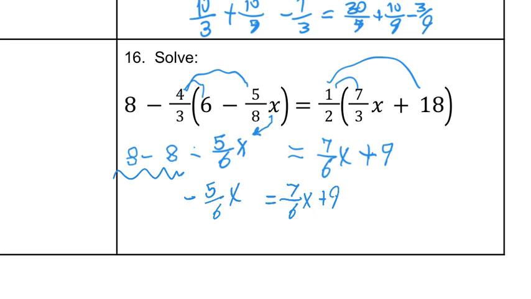And then minus 5/6x. That's negative 12/6x, which is negative 2x, equals 9. I thought somebody said this was no solution, but I think that was wrong. Divide by negative 2. 9 over negative 2. That's what you should have. Okay.